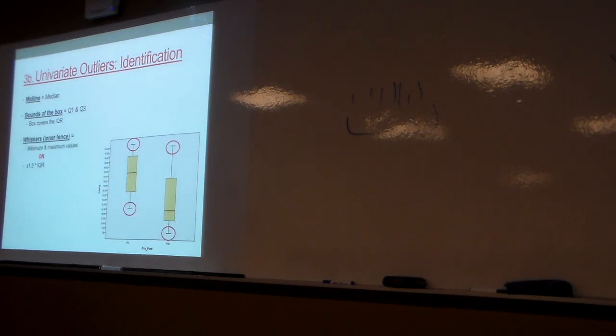Your whiskers are either the maximum or the minimum values in your data set, or values that are 1.5 times the interquartile range. And this actually turns out not to be true in SPSS. I don't know what SPSS is doing with this, and I haven't been able to figure it out. But it's what it should be doing, so just interpret it as such.